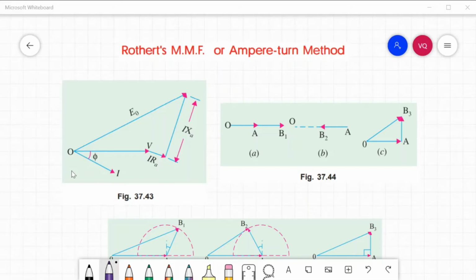The field ampere turn required to produce full load current on short circuit balances the armature reaction and the impedance drop. The impedance drop can be neglected because RA is usually very small and XS is also small under short circuit conditions.